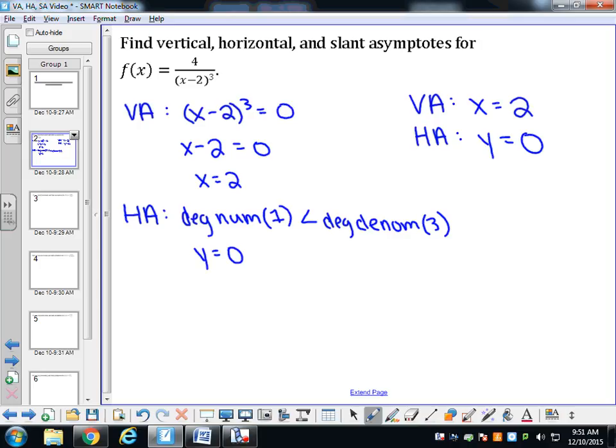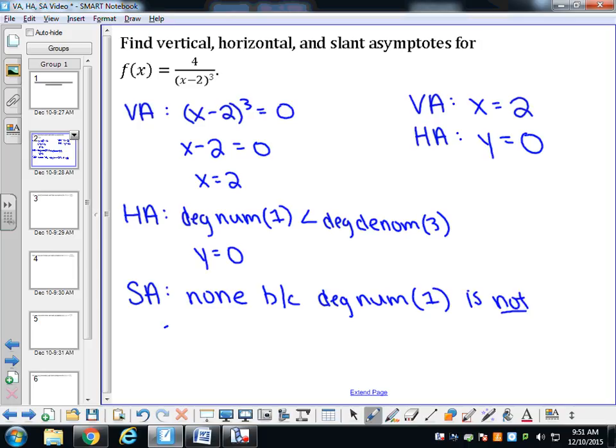y equals 0. Now, in this case, we also want to check for slant asymptotes. There is not going to be any because the degree of the numerator, which is 1, is not exactly 1 more than the degree of the denominator.